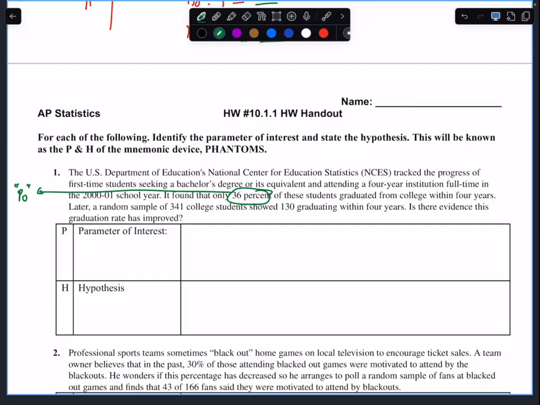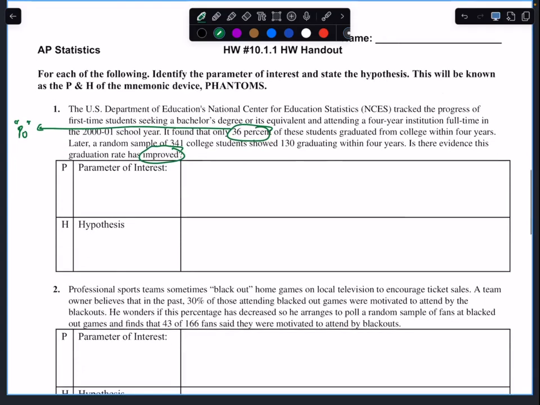That's what it used to be, and we want to know, has it improved? The question says, has it improved? Which means it has gone which direction? More than, less than, or not equal to? More than, greater than. Okay? So my parameter is p, the proportion of students who graduate what?